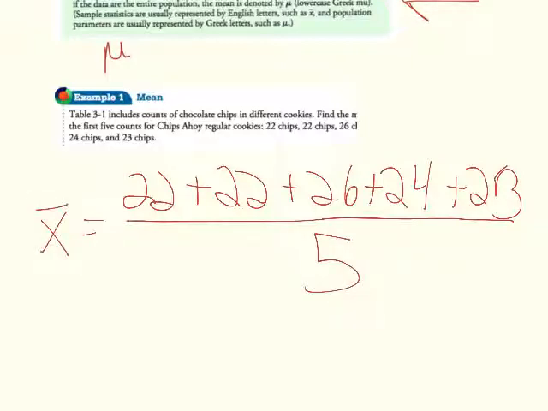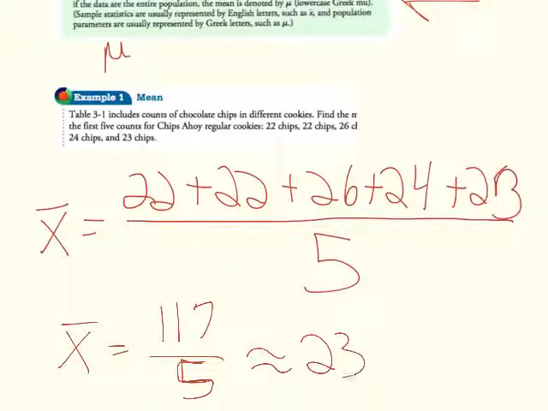So take a second and calculate that. The value that you're getting should be 117 over 5, which will give you an approximate value of 23.4 chips.